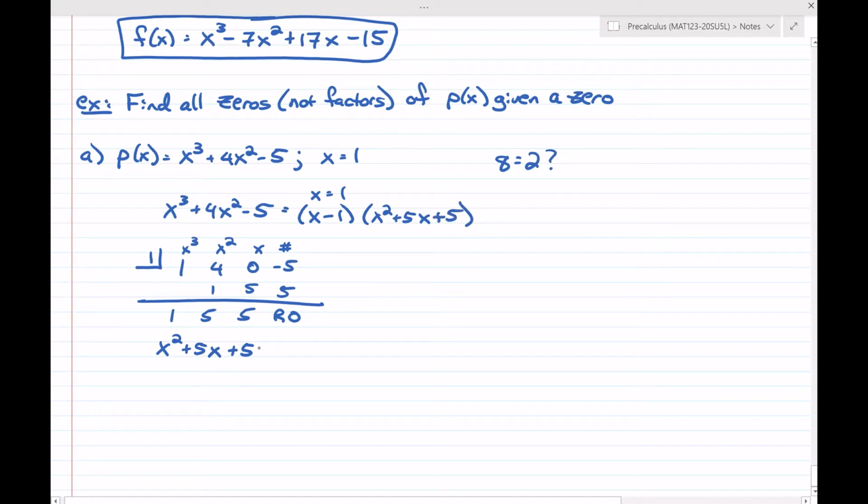And that's not going to factor. So I asked you for all the zeros, right? So one of the zeros is 1. We usually factor to get the zeros, but we can't do that here. So let's just use the quadratic formula real quick. Negative b, or the opposite of b, plus or minus the square root of b squared minus 4ac, all divided by 2a.